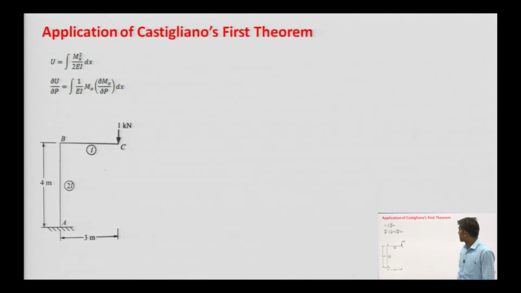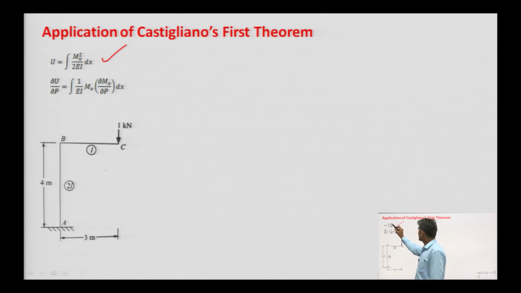Next, application of Castigliano's first theorem. The strain energy is this one, and if we take the first partial derivative with respect to P, what will we get?